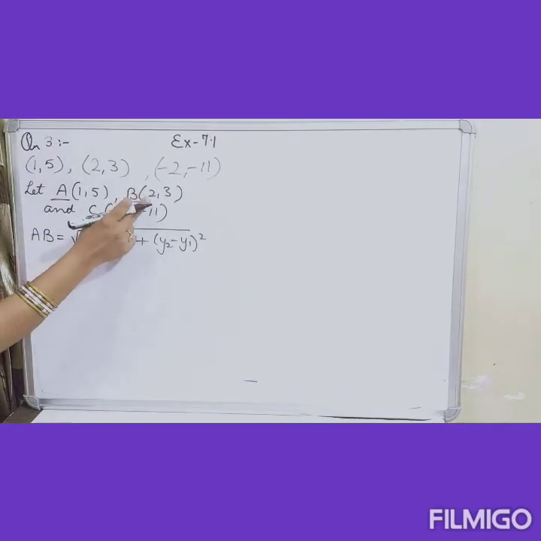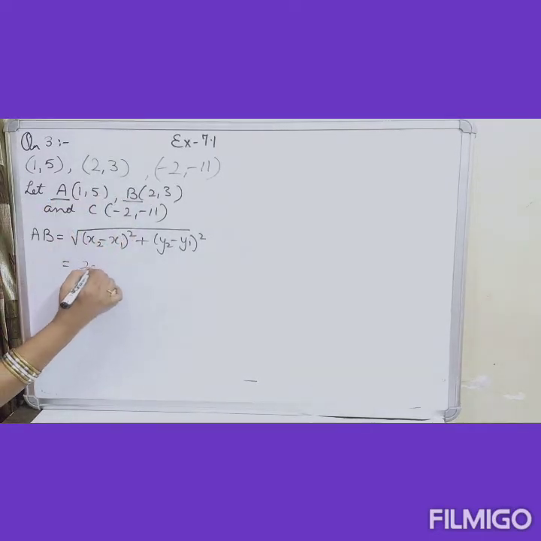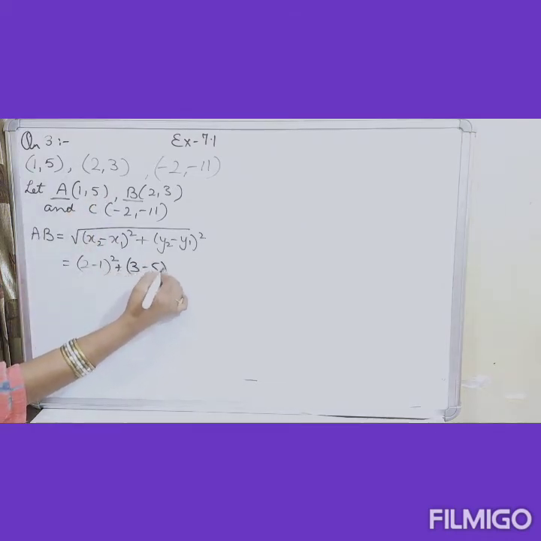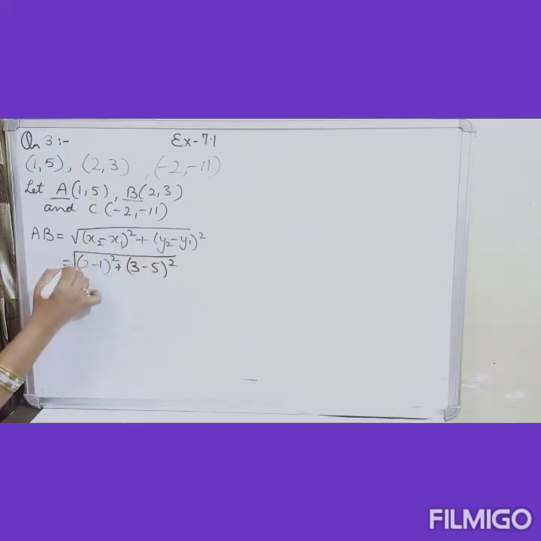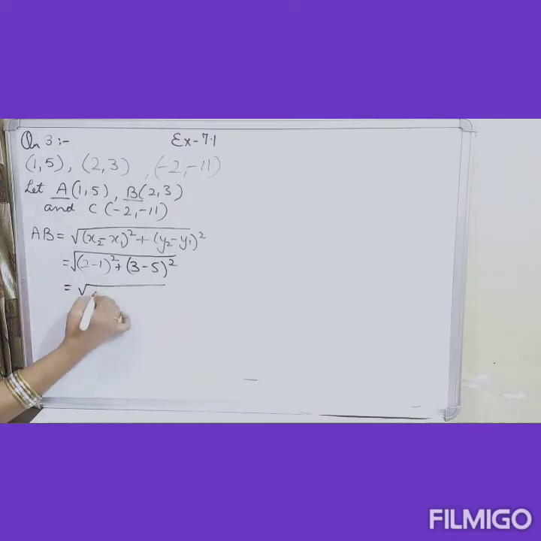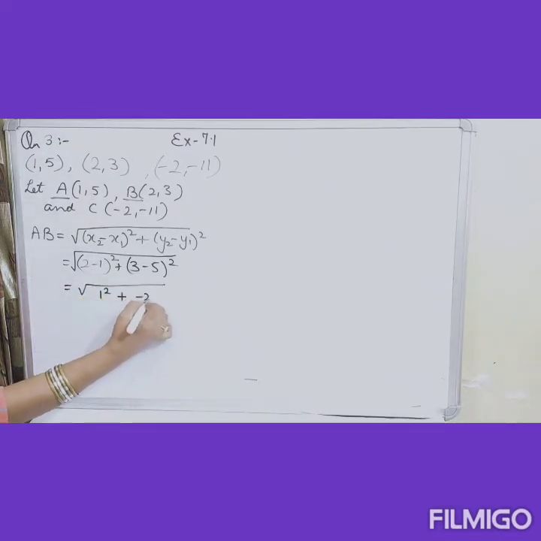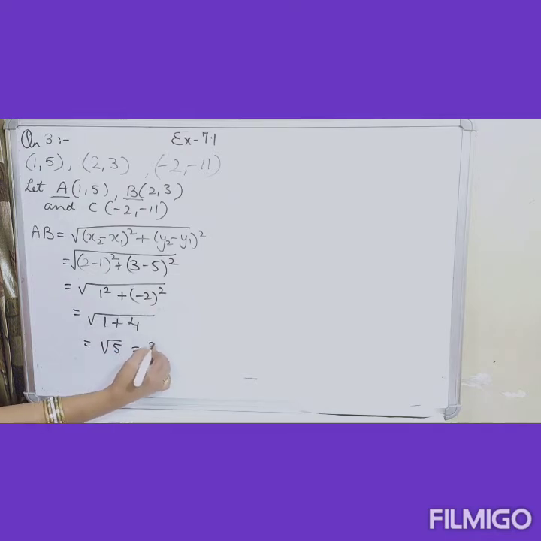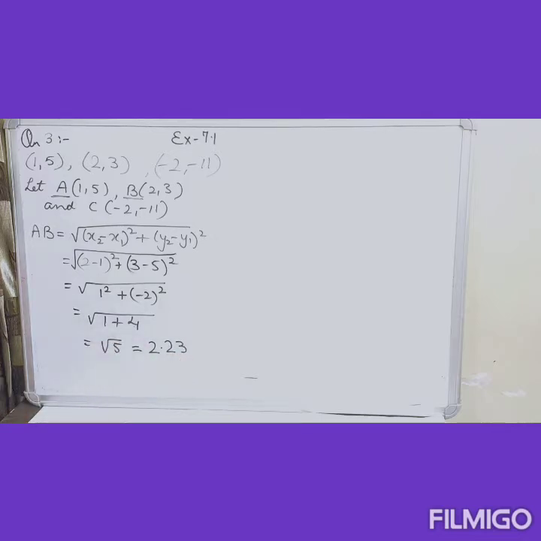So this will be equal to 2 minus 1 whole square, and y2 minus y1 will be 3 minus 5 whole square, and under the root. So it will be equal to 1 square plus minus 2 square, which is 1 plus 4, that is root 5. And we know that the value of root 5 is 2.236, so we can take it up to 2 places of decimal.